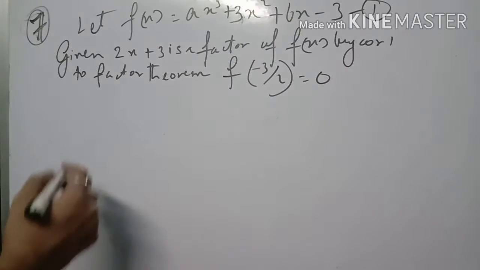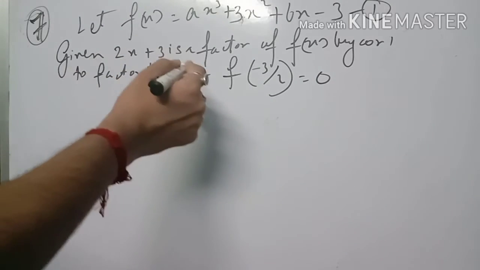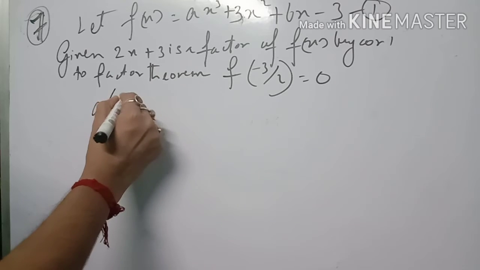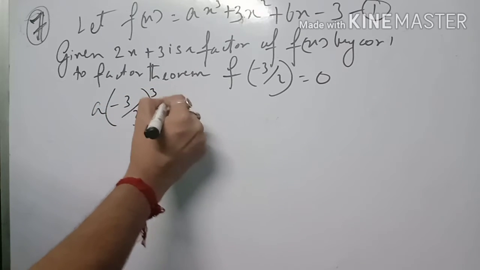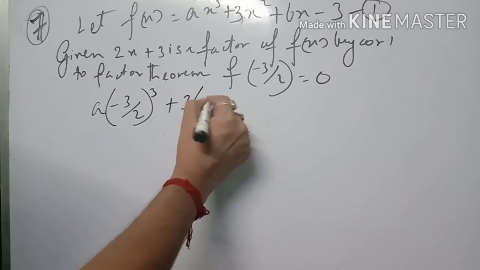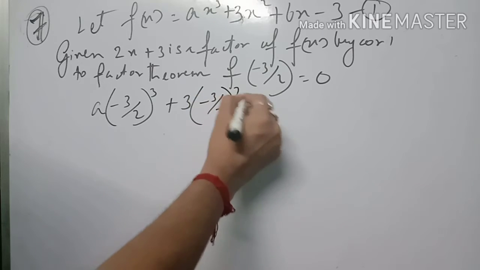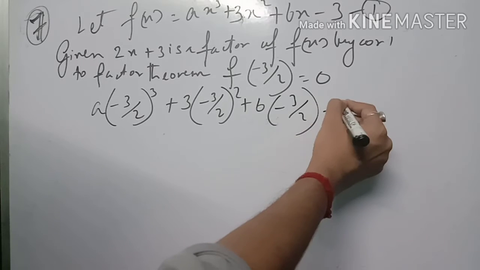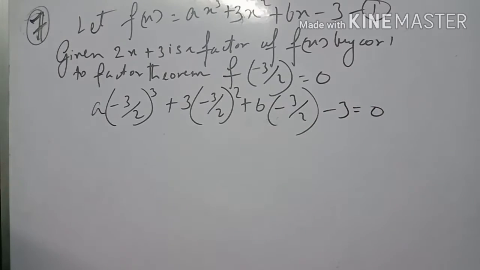Let me substitute the values. As it's a factor, the remainder will be 0. It will become a into minus 3 by 2 cube plus 3 into minus 3 by 2 square plus b into minus 3 by 2 minus 3 equals 0.